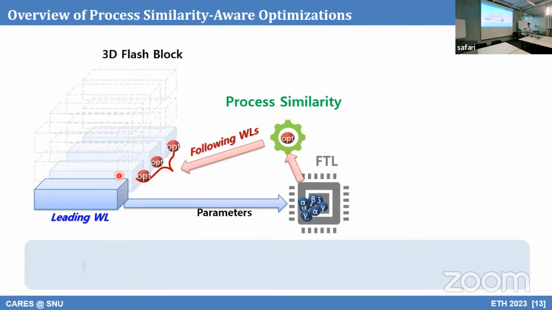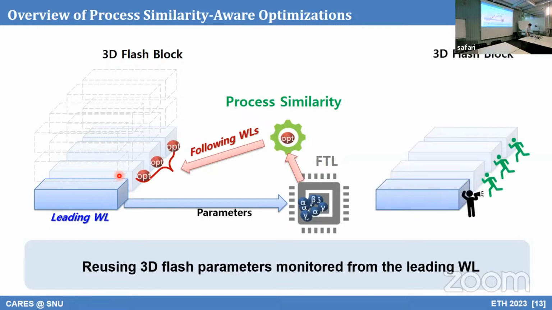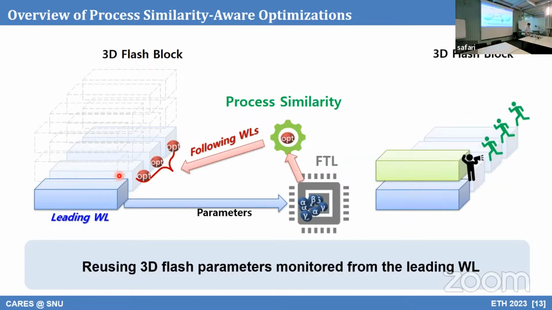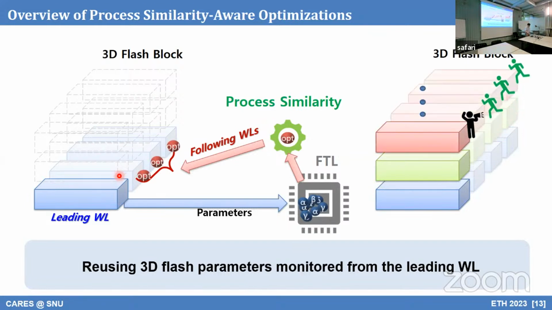So once we compute this optimization based on the reading word line's parameters, then we can reuse those optimized settings for the remaining word lines. So when we optimize another horizontal layer, as long as we have 1 word line, here we call the reading word line, we can apply the same optimization to the rest of the word lines in the same horizontal layer. So that's the key idea of this process similarity.